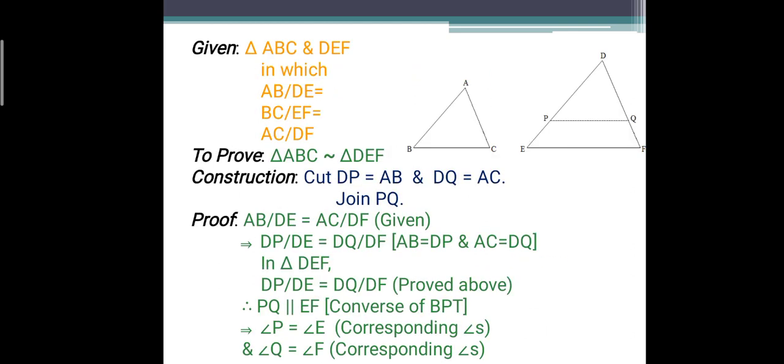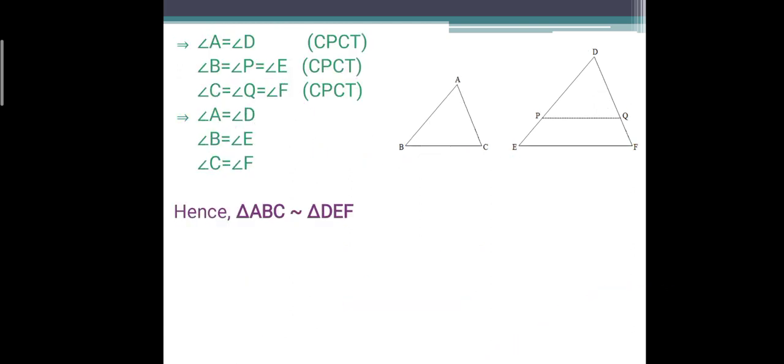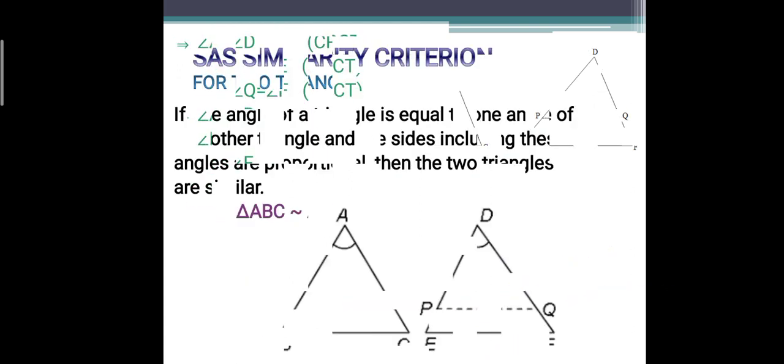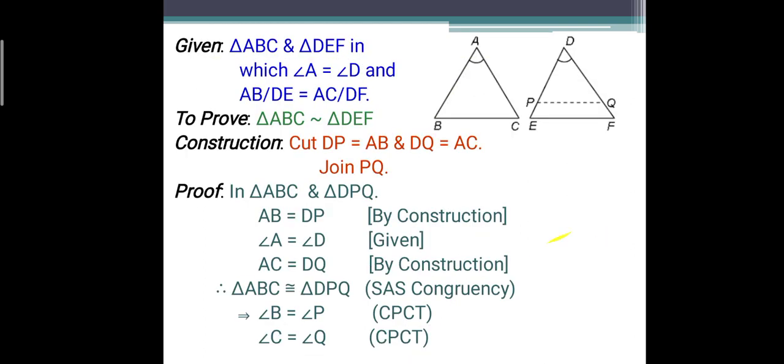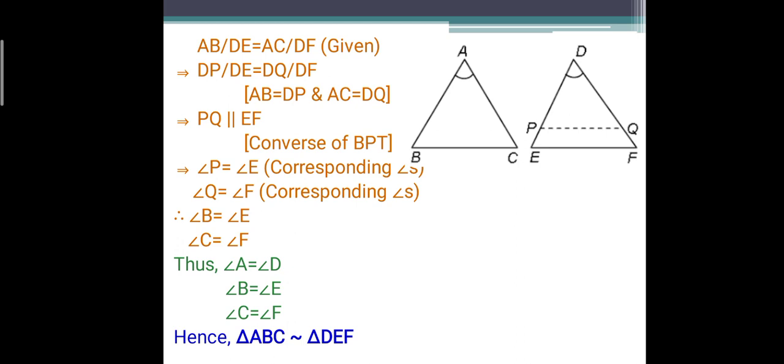Proof of this criteria are in the next three slides, and this is the last criteria of similarity of two triangles: side angle side criteria. If one angle of a triangle is equal to one angle of the other triangle and the sides including these angles are proportional, then the two triangles are similar. In these slides I have proved this criteria.